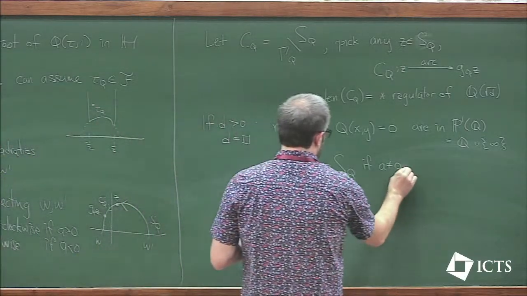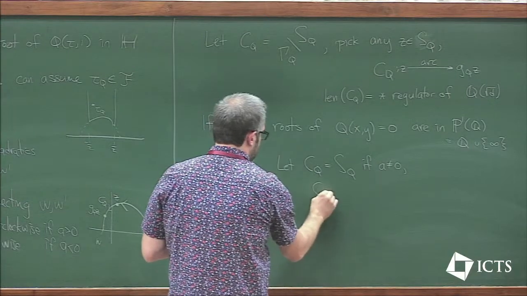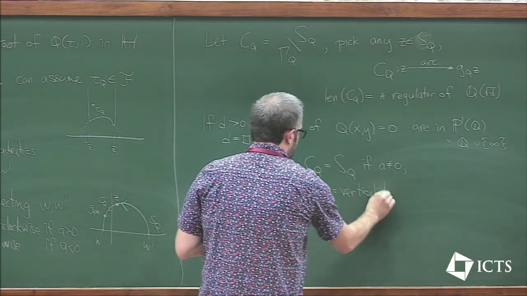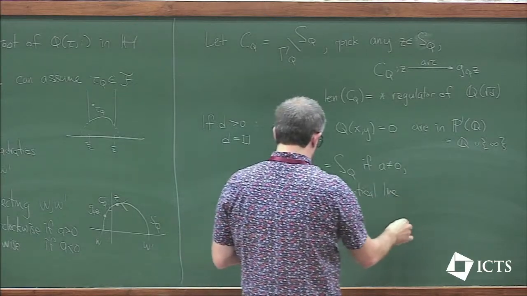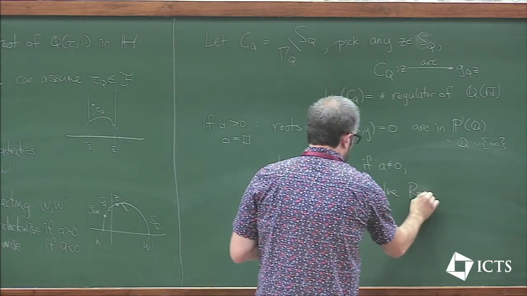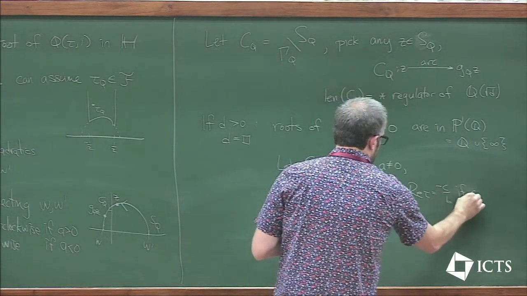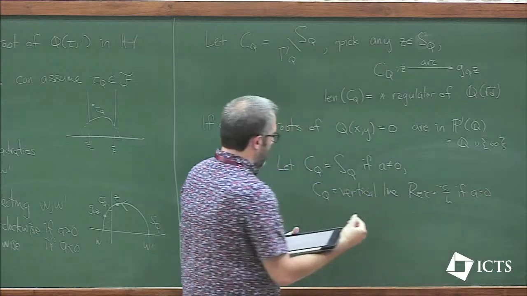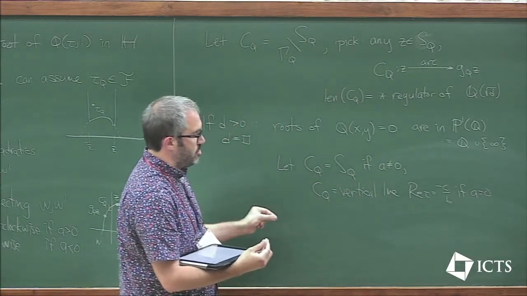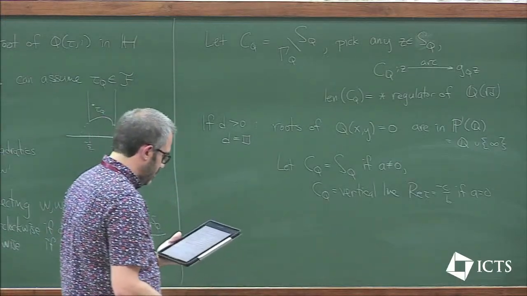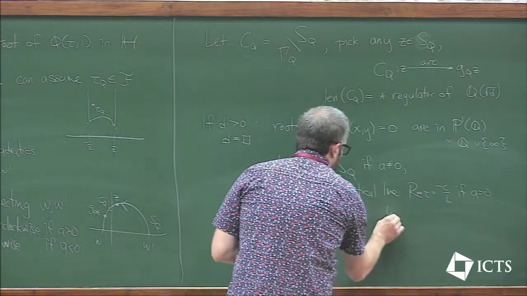And if A is 0, C_Q will be the vertical line with equation real tau equals minus C over B. So this will be a geodesic connecting some rational number to i infinity, and that's going to have infinite length. Oh, and let's say this is oriented upward.